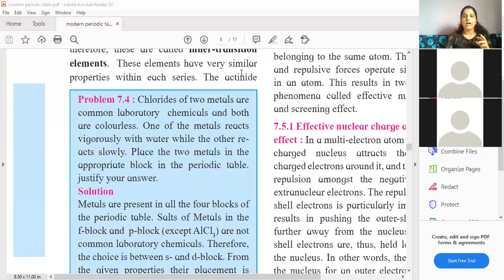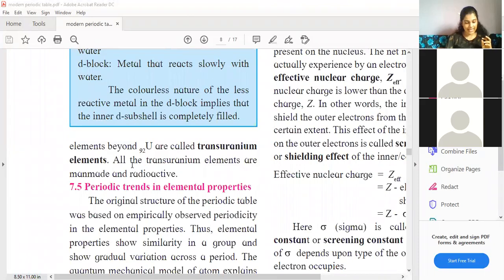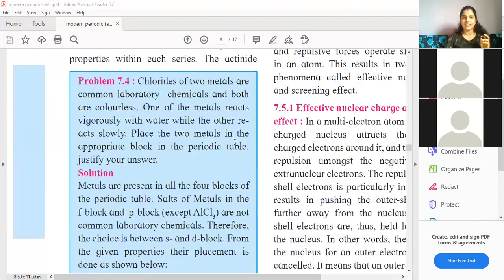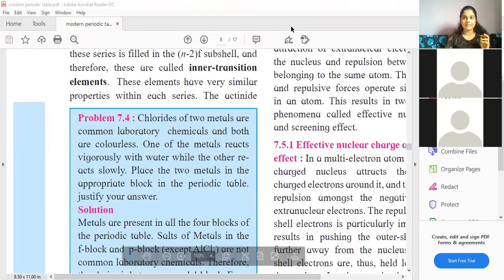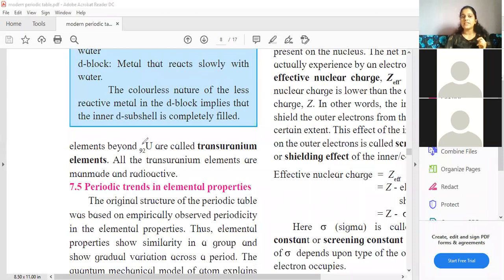What is written next? The actinide elements. You have to mark this statement, but this blue colored box is there in between. So from the actinide series, this point: elements beyond U. U stands for uranium. All of this statement you are supposed to mark.